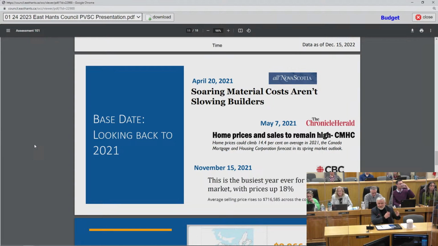We look at sales one year prior and use market evidence on which to base our trends. So I'll allow you all, having read the newspapers, to predict as you wish, but we wait until we analyze all of our sales, and then we see where the trend is taking us, and that's how we do it.